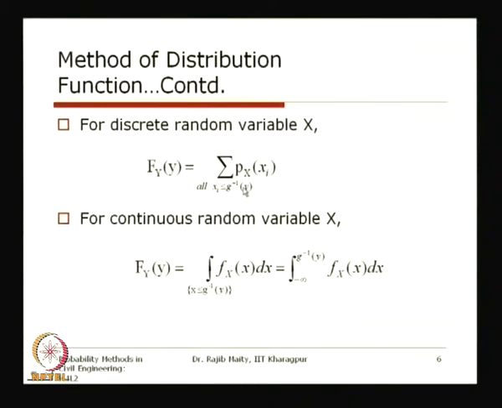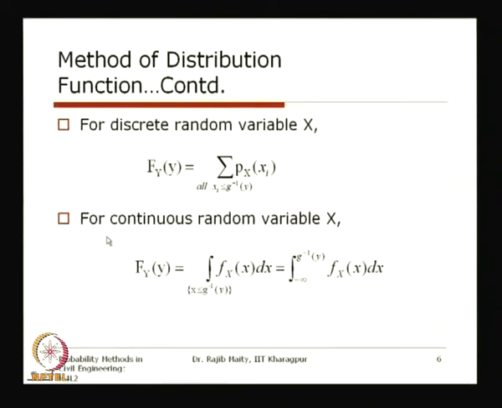We first identify which specific values of x are less than g inverse of y, and for those values, whatever probabilities are there for x should be summed up, and that should equal the probability for that specific value of y.